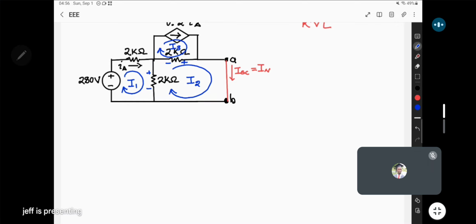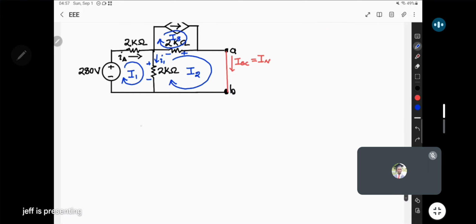For example, if I am looking at the current here passing through the 2 kilo ohm resistor, let me label this as I1. That's the branch current, specifically in the branch. And then I can also talk about the current passing through the 2 kilo ohm resistor there. So first we have the 2 kilo ohm, the vertical one, and its branch current I1.